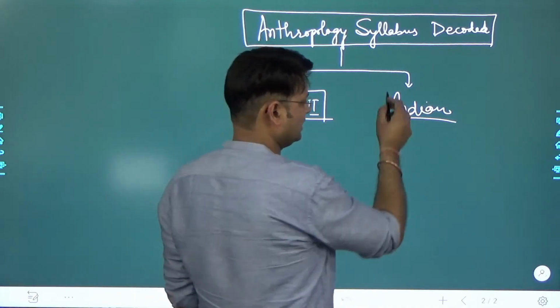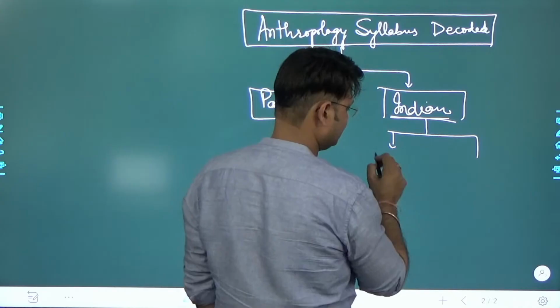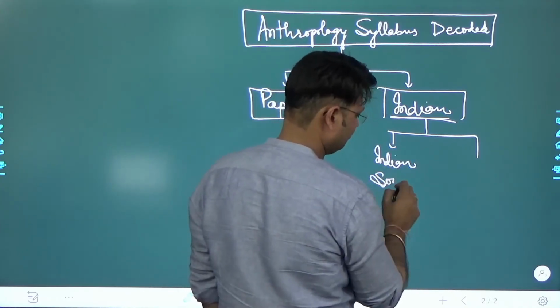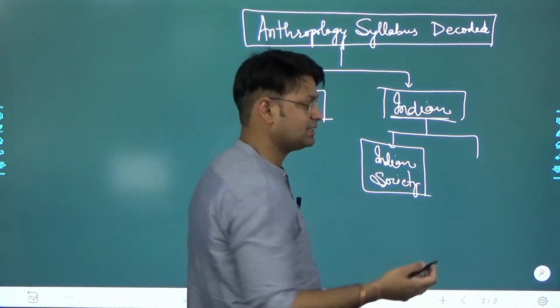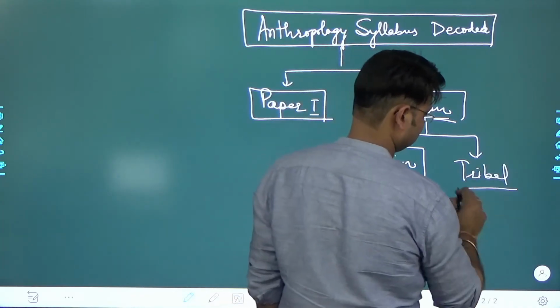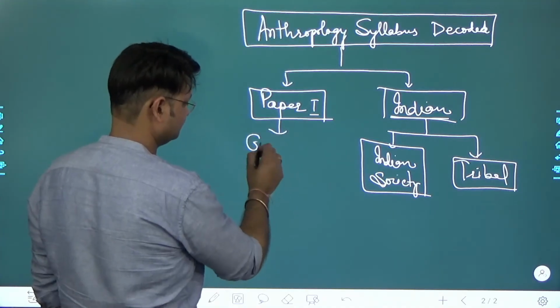Anthropology in India, and in this Indian anthropology we study Indian society, the use of anthropology to understand Indian society and tribal society of India, right? This paper 1 is general anthropology.